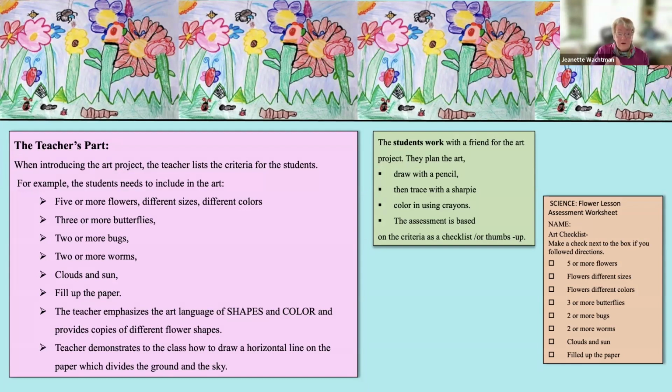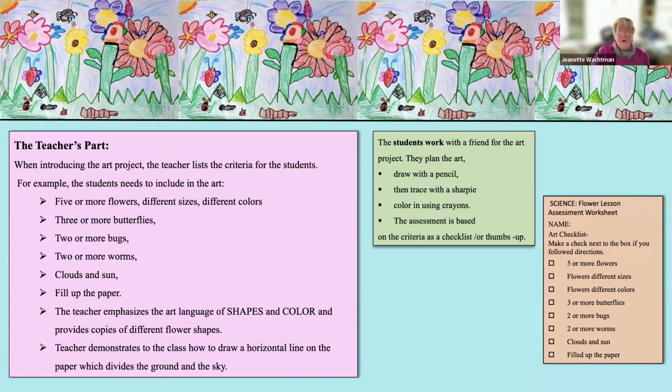So we have the criteria. And next you need to introduce at least 1 or 2 words of the art language. Since we're working with flowers and it's April and it's springtime, flowers have different shapes. Their petals have different shapes.